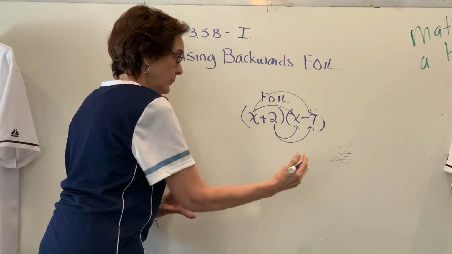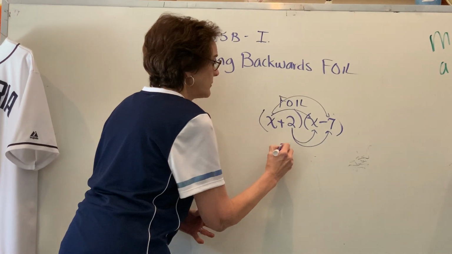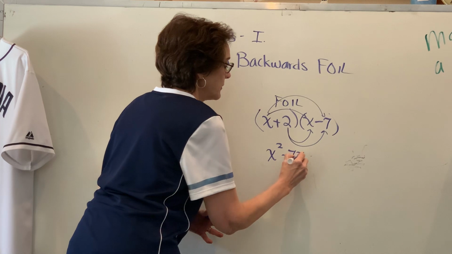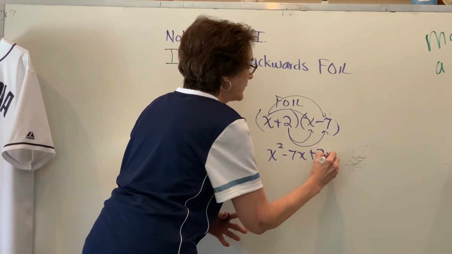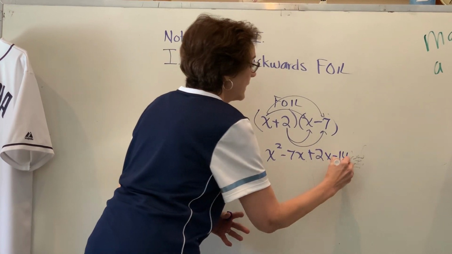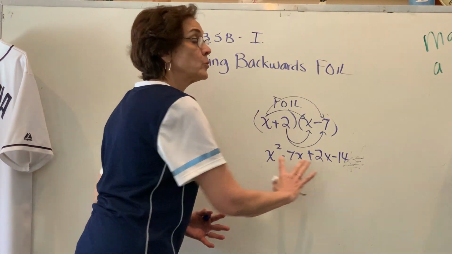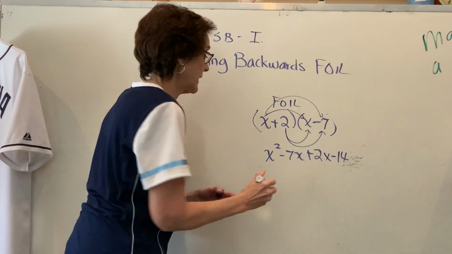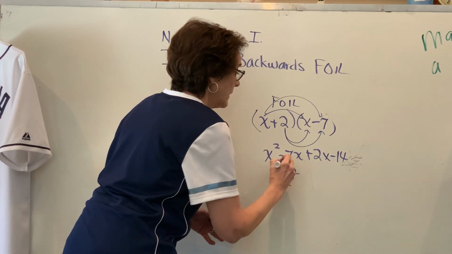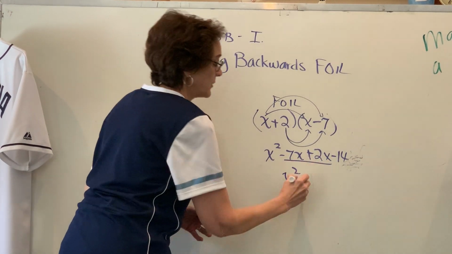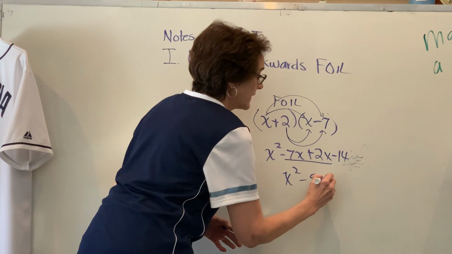And when we got done with this, first times first, outers, inners, and last times last, we noticed that most of the time, the outers and inners would be like terms, and we'd have to combine them together. So negative 7x plus 2x is negative 5x.